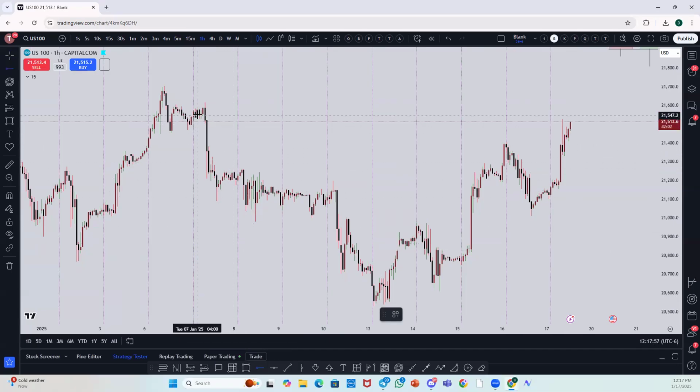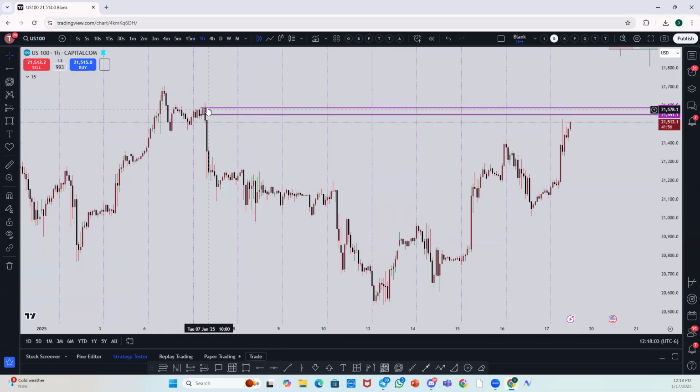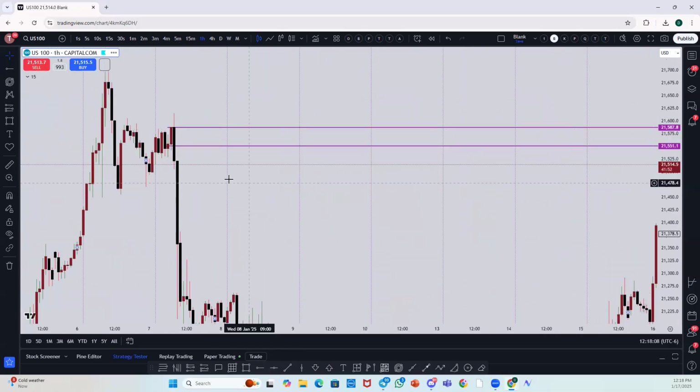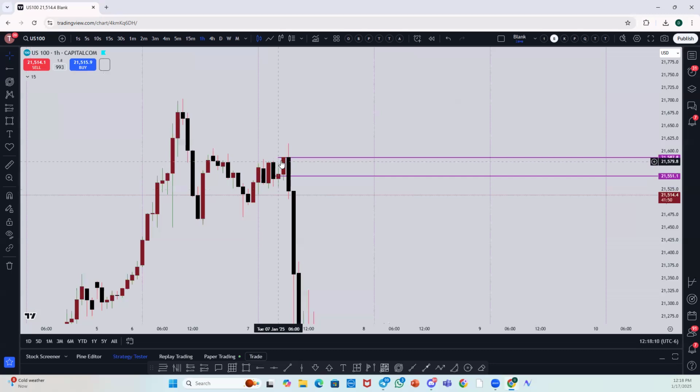So we're going to be looking for the open, the origin, which is our expansion block or rejection block as well. Zoom in here. This wick did not close above this body or this candle. So this is a rejection block, origin, and then we have our confirmation.